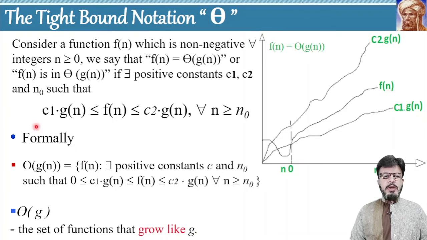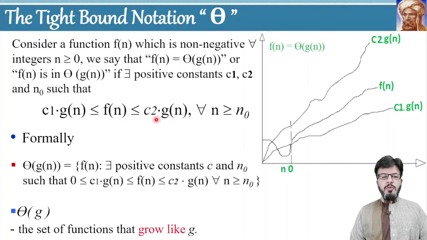So before we start the definition, let's make it clear that the definition of theta basically includes both the conditions that we have already discussed for big O and big omega notations. For example, the first condition is the same condition that we have defined in the omega notation, and the second condition is the same as we have defined in the big O notation.